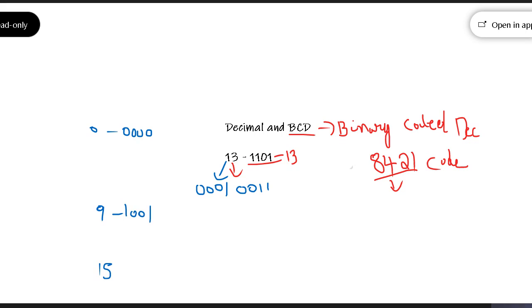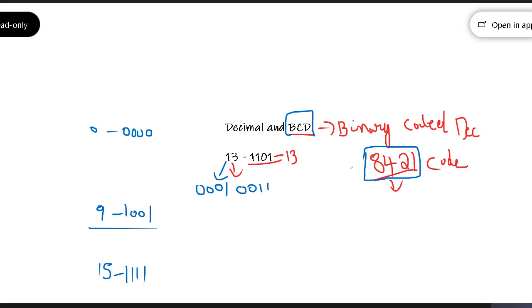This 15 is nothing but 1111, okay. Now why we use BCD is that you can represent it for easy binary addition and subtraction. Binary coded decimal is a representation of a number in 8421 code. 8421 is nothing but multiples of 2.